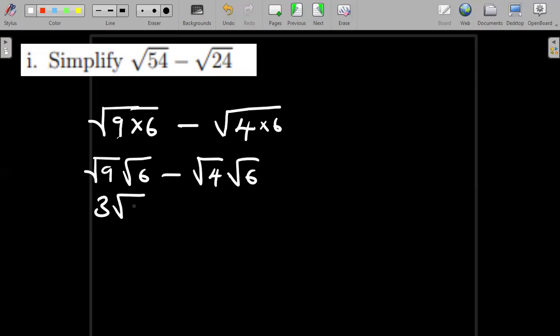Then you have the square root of 6 minus, the square root of 4 is just going to be 2, then we have the square root of 6. Okay, so here we can then subtract 3 minus 2. Then we get 1 and we just remain with 1 root of 6. Of course, 1 multiplied by this is just the same root of 6. So this is how you simplify this question.